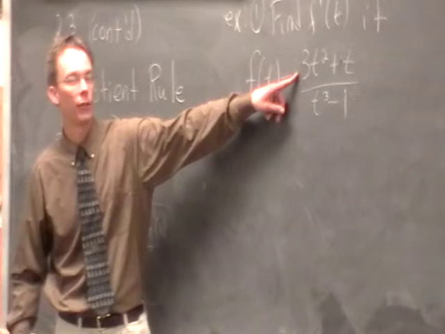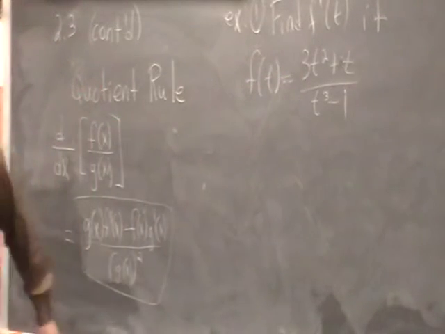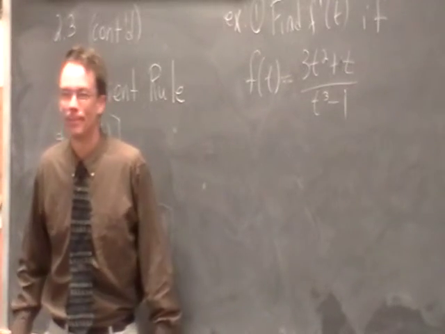So it's 3t squared plus t on top, and t cubed minus 1 on the bottom.